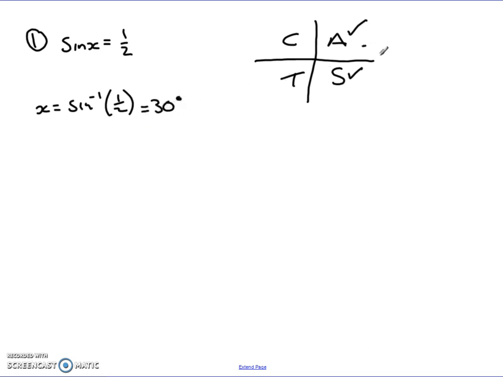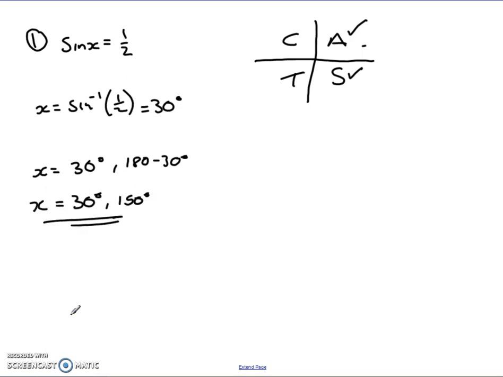So I know that that's the solution for this section here. I want my second solution, which is in this section, but I know the solutions in that section are given by 180 minus this. So I then know that my two solutions are 30 degrees and 180, take away 30 degrees. So my two solutions in this case are 30 degrees and 150 degrees. Those are my two answers for x when I've got sine x equals a half.